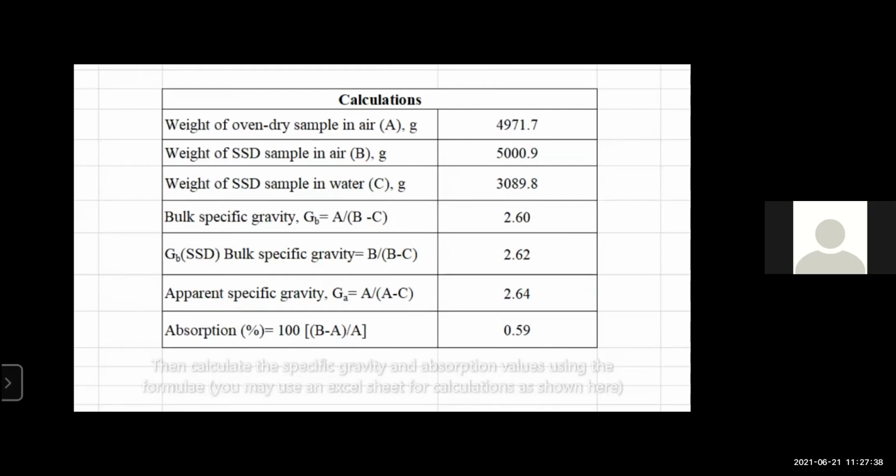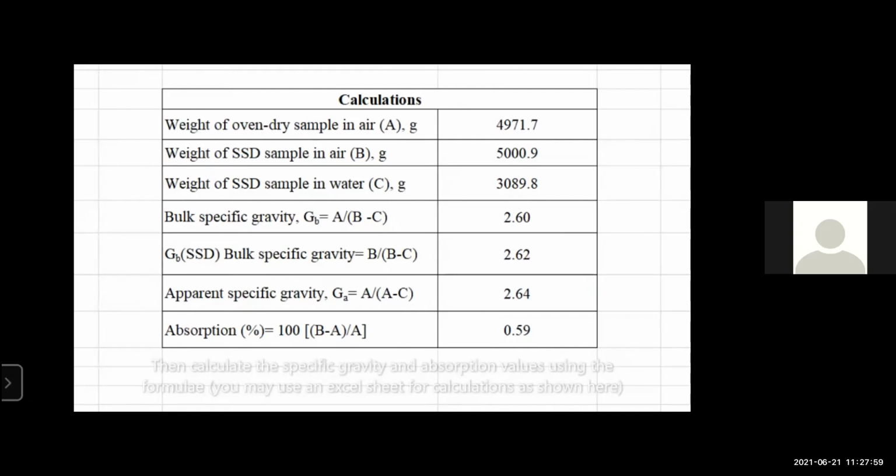So if we subtract 4971.7 from 5000.9, we get a certain value, and if that value is divided by 4971.7, we get absorption of 0.59%.